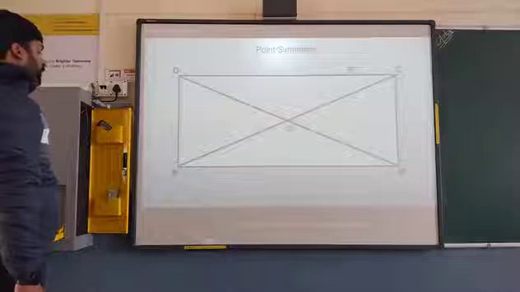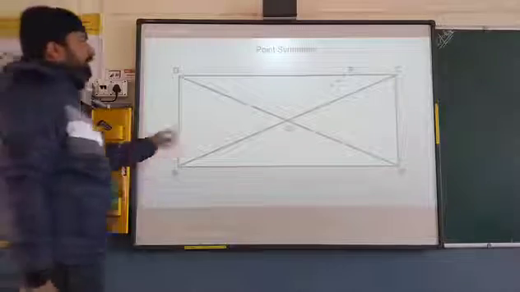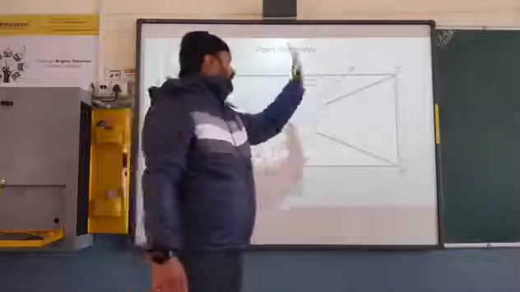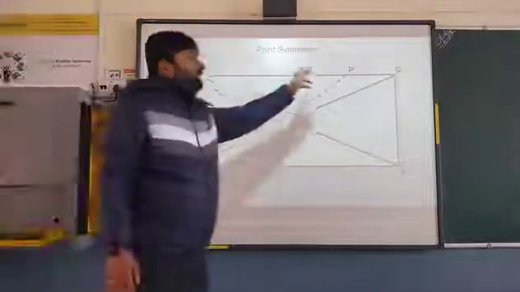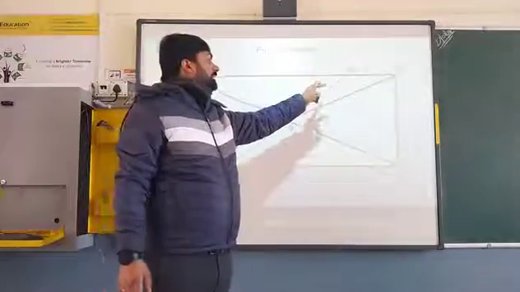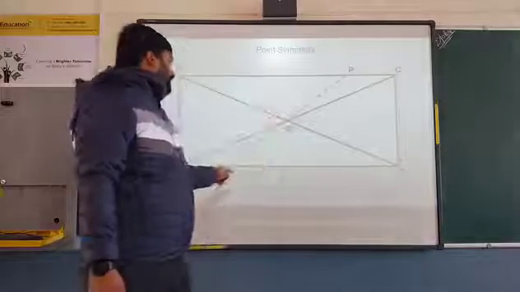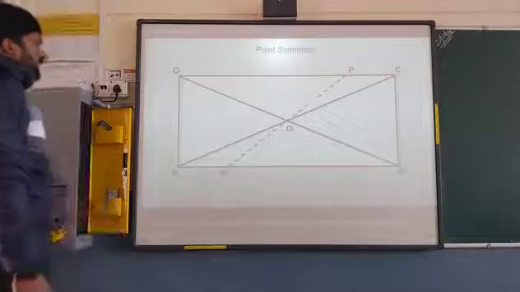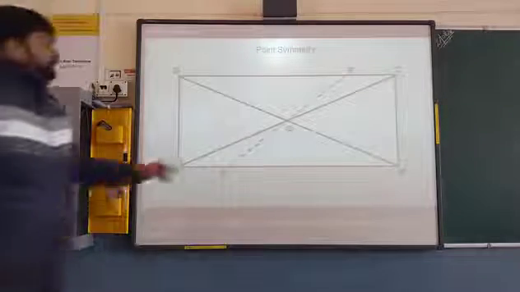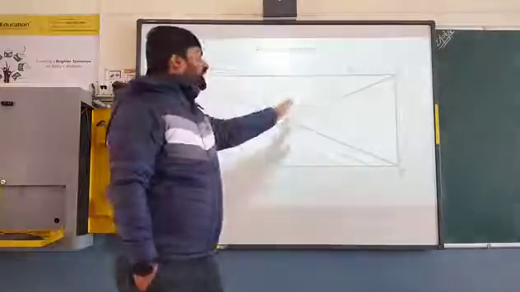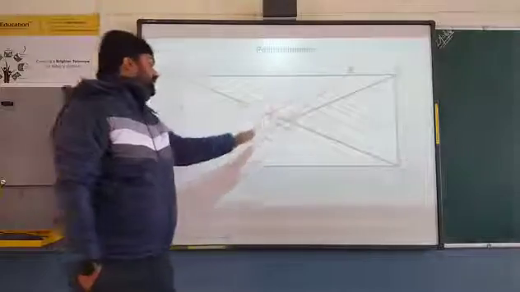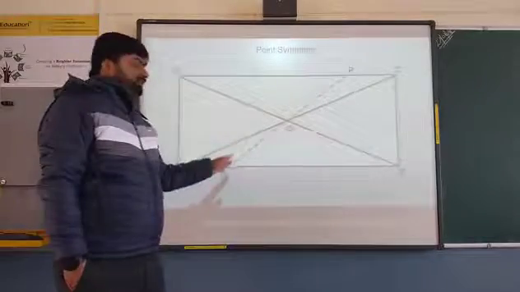If you take any point P on the rectangle ABCD, a random point, from P we produce the line backwards till it meets the other side at P dash. So P is a point randomly taken and P dash is the production of the point P on the other side.